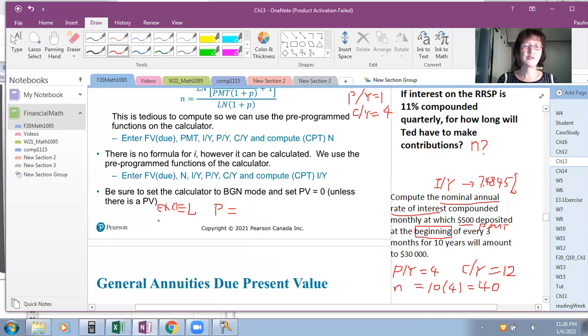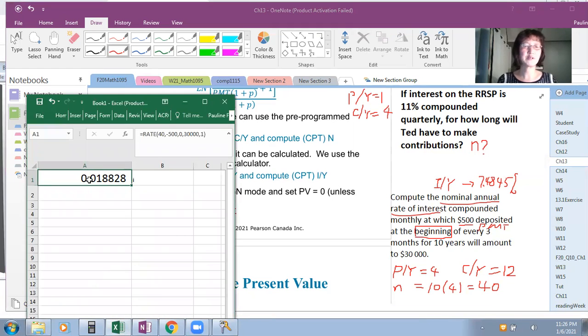So in Excel, you use the RATE function, R-A-T-E. Using the RATE function, you get the equivalent rate per payment period, 0.018828.